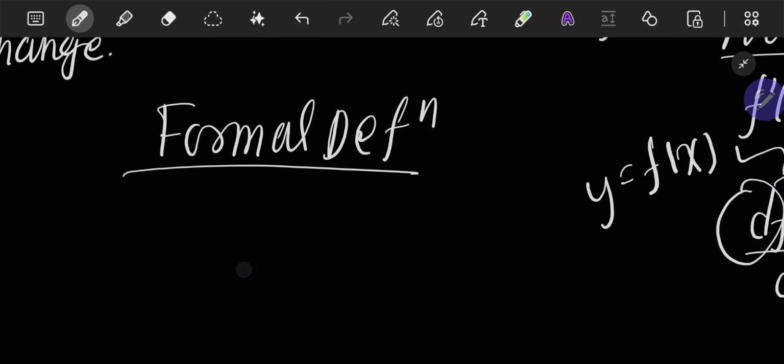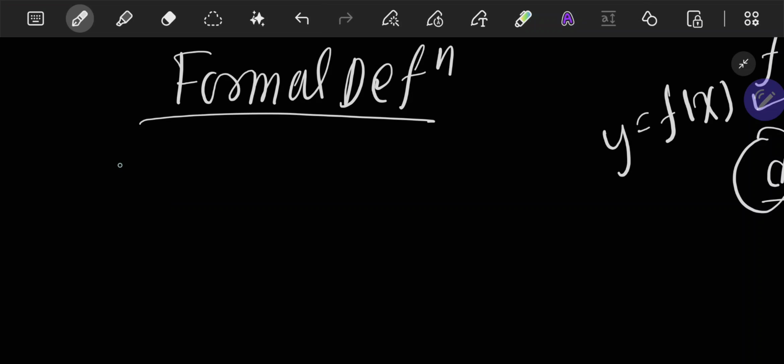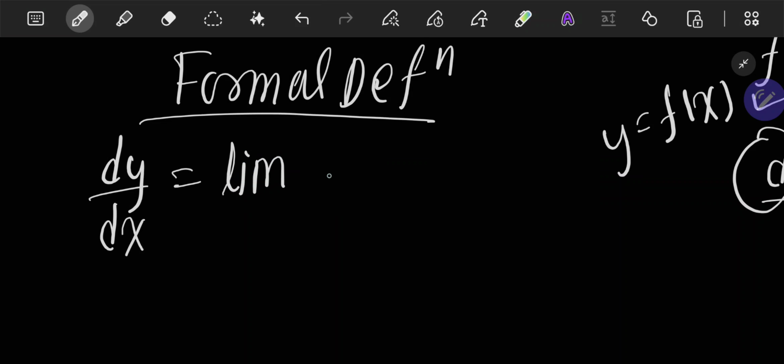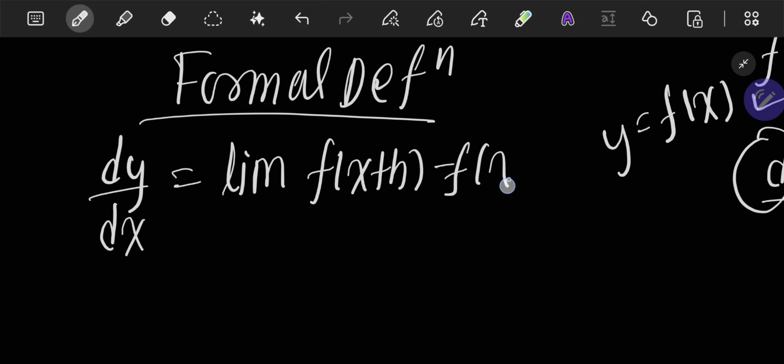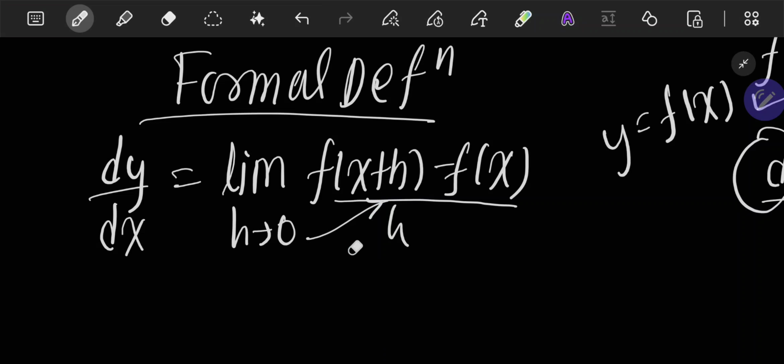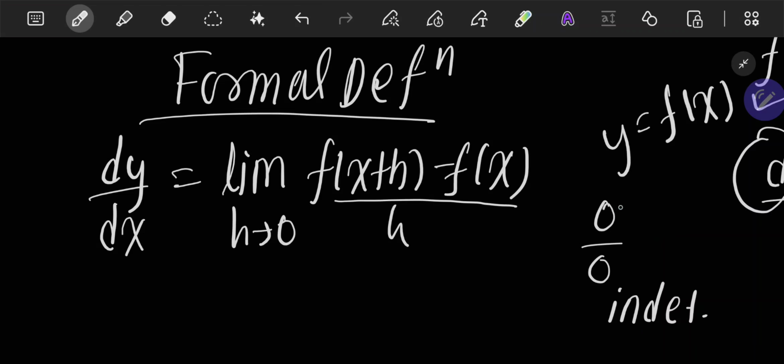Now, moving forward to the formal definition of a derivative. dy over dx is equal to the limit of f of x plus h minus f of x over h as h approaches 0. Now, if we just plug in this value of h, we are obviously going to get 0 over 0, which is indeterminate. We can't have that.